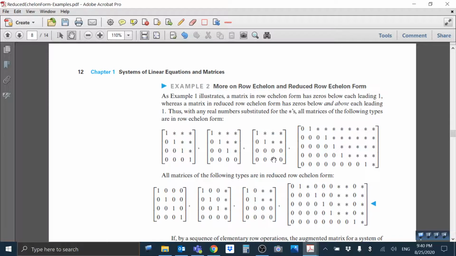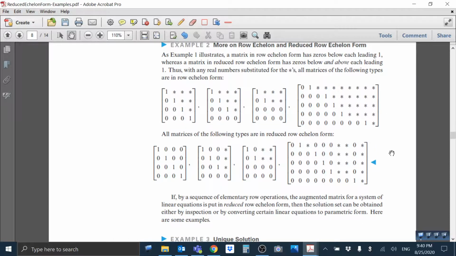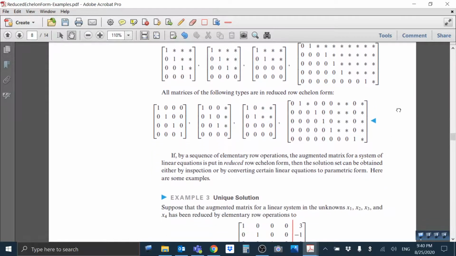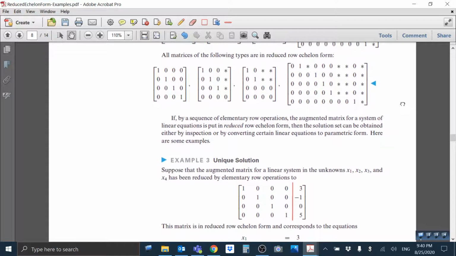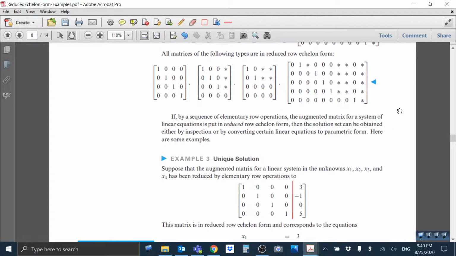If I have 2 rows of zeros, they are at the bottom. The column can have zeros, it's not a problem. As an example, it's fine, but normally when we solve a linear system, we don't have columns of zeros. That would mean that one of the variables is not needed, which would be a little bit scary for your modeling abilities.